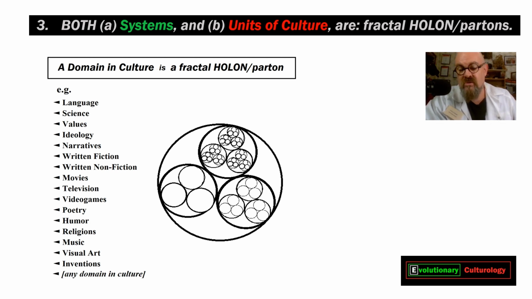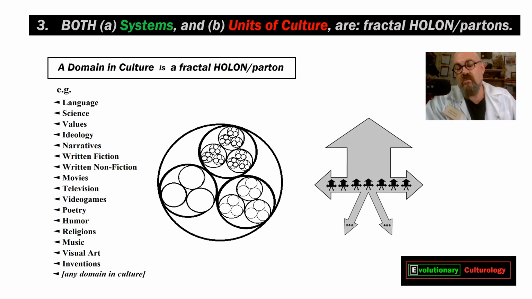Written non-fiction, such as encyclopedias or science textbooks, or even autobiographies, if they're true. Movies, television, video games, poems, jokes, religions, music, art, inventions, etc. All structured and functioning via the three laws. So all of those domains and all the units within those domains are fractal Holon partons.